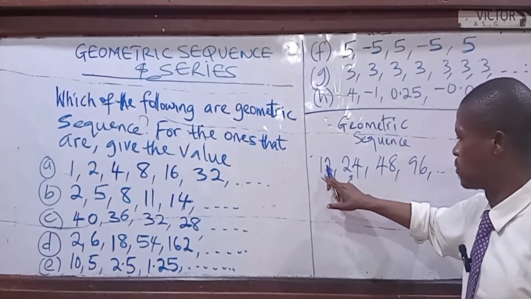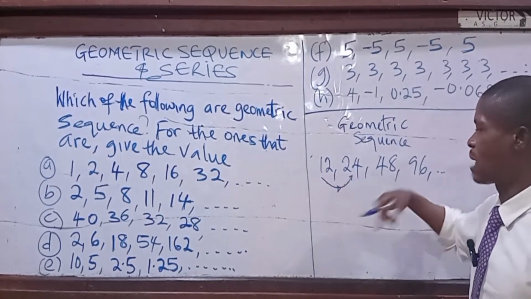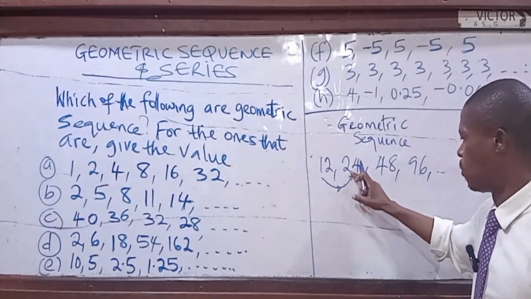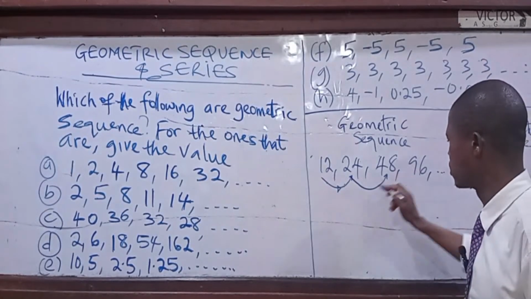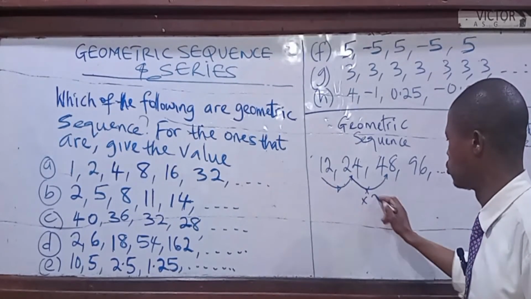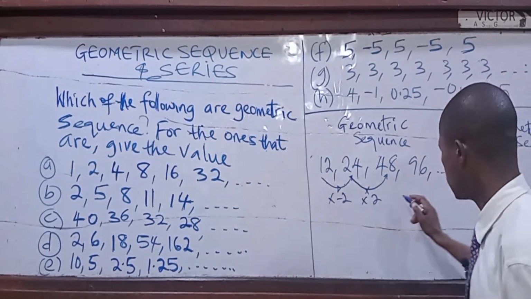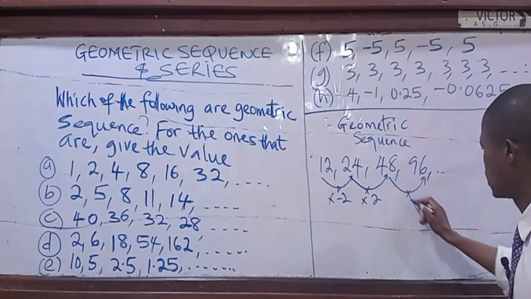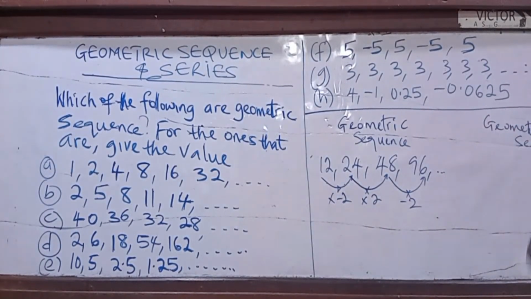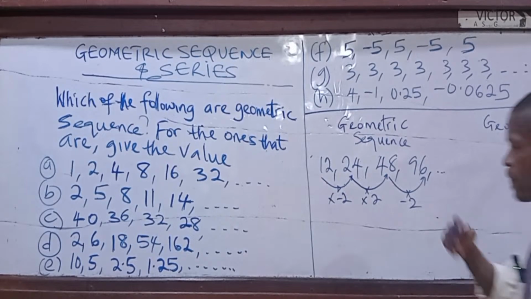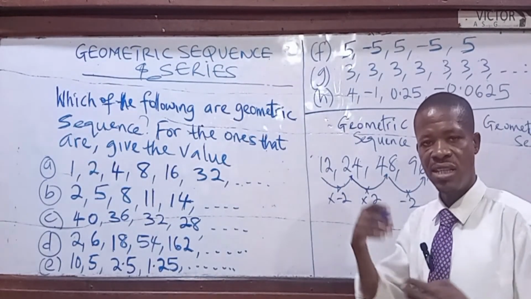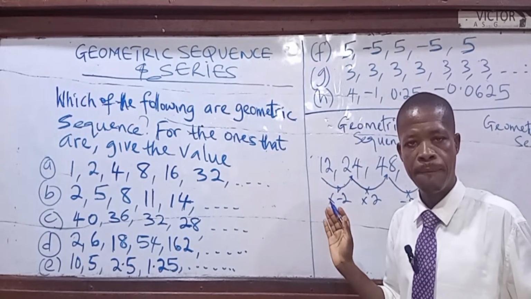The first one is 12. The second one is times 2, that's 24. The third one also is times 2. The sequence is separated by commas.